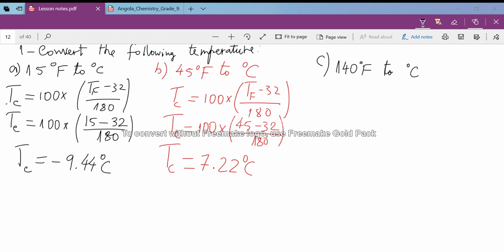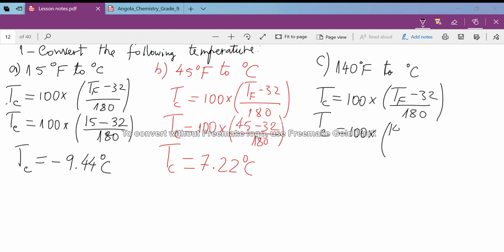Right. So guys, hopefully you've got this one right. But let's do it together. So Tc equal to the formula. Tc equal to 100 times Tf minus 32 divided by 180. Okay. So now that we have the formula, we just have to substitute the number. So it's 100 times Tf is 140 minus 32 divided by 180.